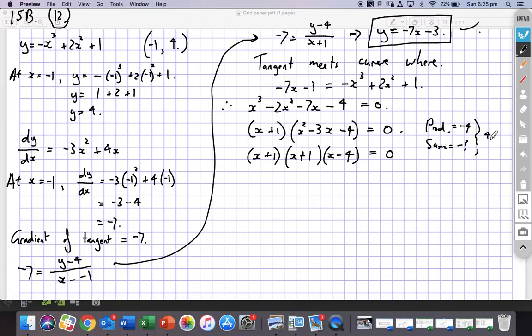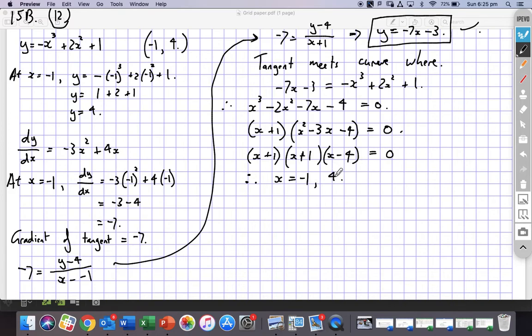So I could do that with a 4 and a 1. Because 4 times 1, minus 4, 4 minus 1, 3, but where do the negatives go? The negative has to be on that 4, right? If you want to add up and get minus 3. So therefore, x could equal minus 1, which we already knew, but x could also equal positive 4. And that's the value that we're now interested in.